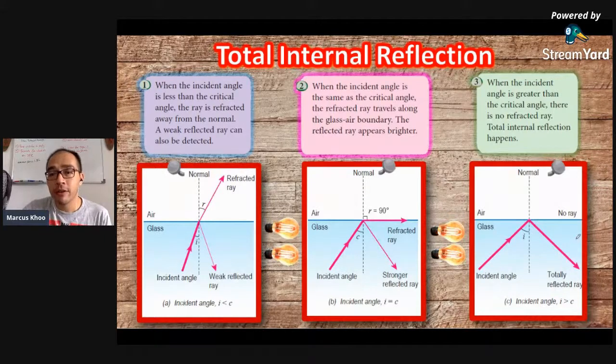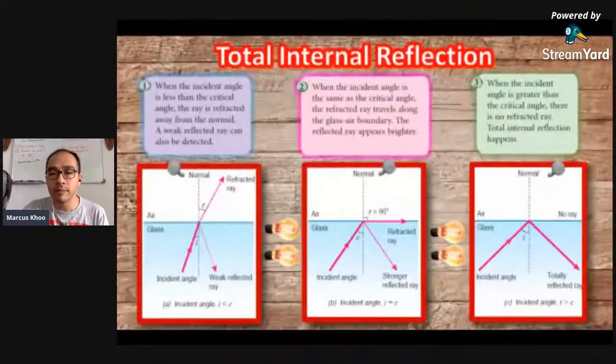But for reflection, it is possible for total reflection to happen, but the condition is this: it must be traveling from more optically dense to less optically dense. If we travel from air to glass, it doesn't work. No matter how you do, it won't work.